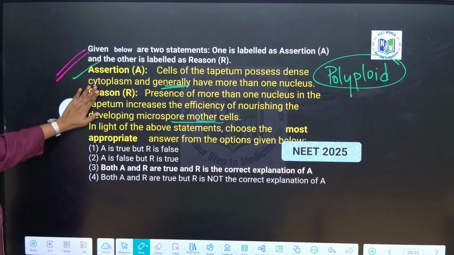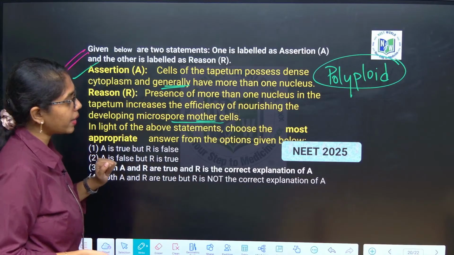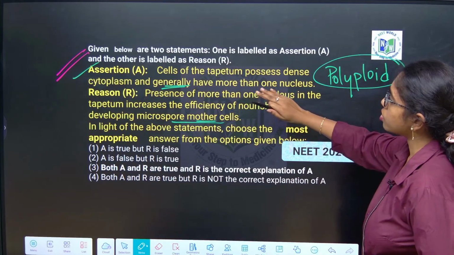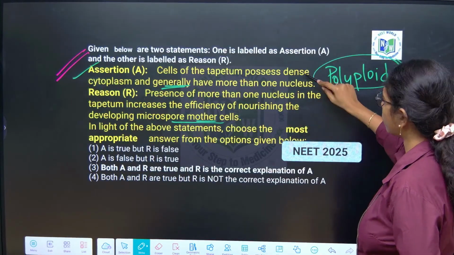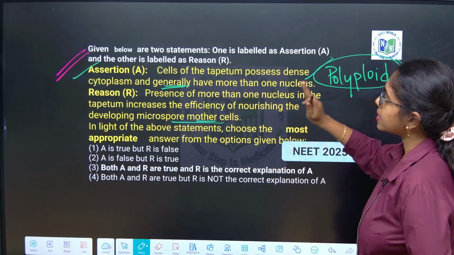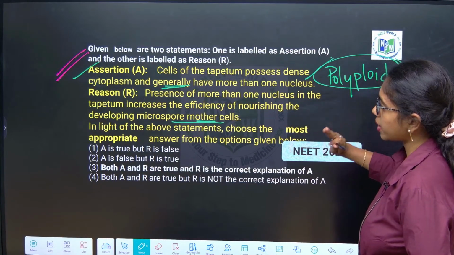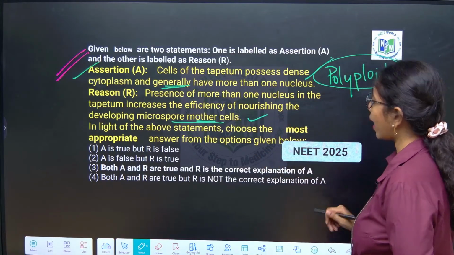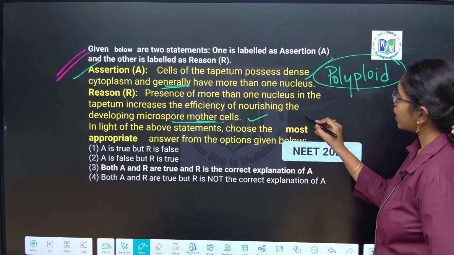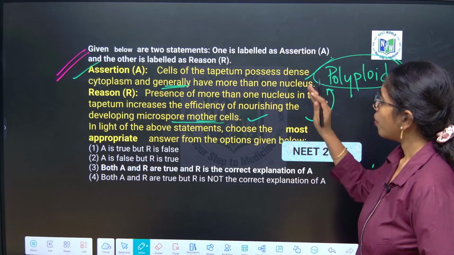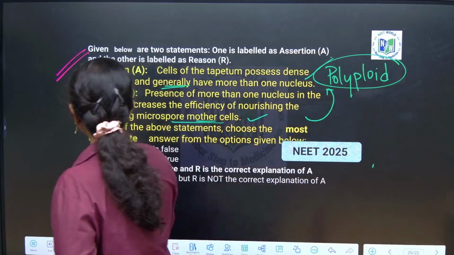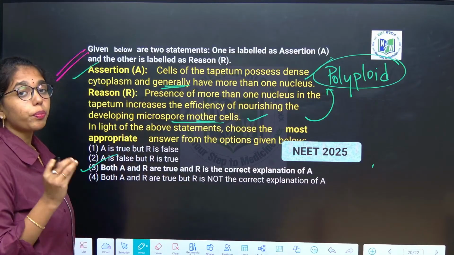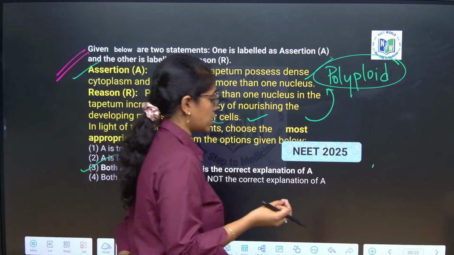Reason is true. Reason is explaining assertion, why the multinucleated condition is there: it is multinucleated or exhibiting polyploid condition to provide nutrients to the microspore mother cell.